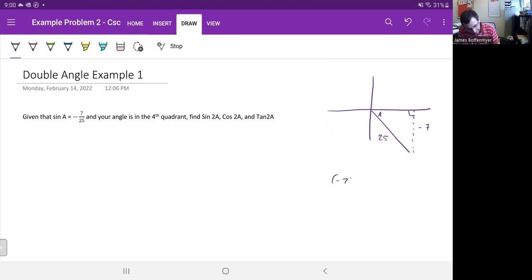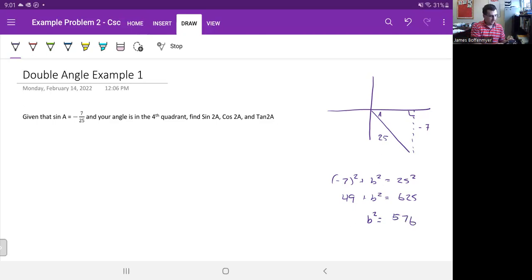So that would be negative 7 squared plus b squared equals 25 squared. That would be 49 plus b squared equals 625, if my math is right. Let me double check that. Yeah, 625. So when we subtract 49 on both sides, we get b squared equals 576.